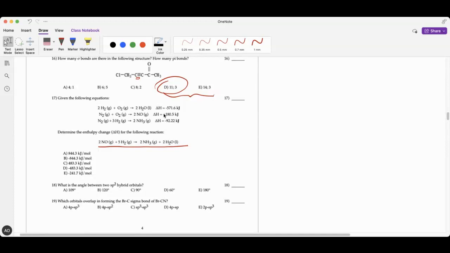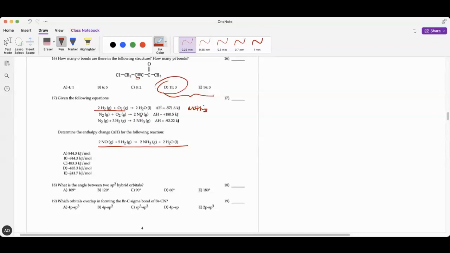Let's see. So this first one here, I'm going to leave this first one alone. I'm not going to do anything with it. Okay, so I'm doing nothing here with this one. And let's see.